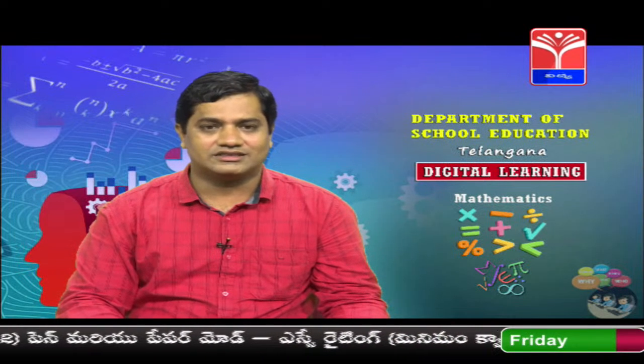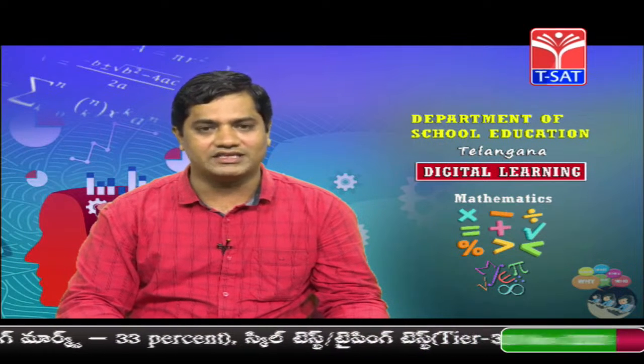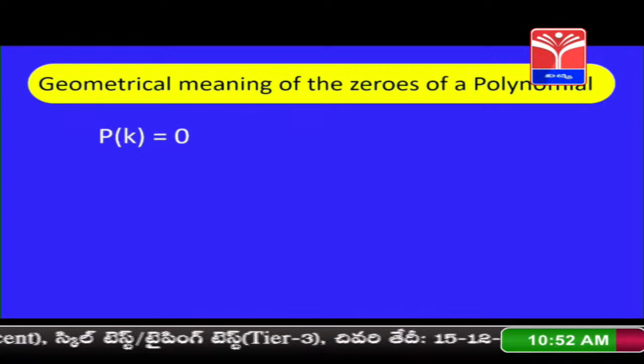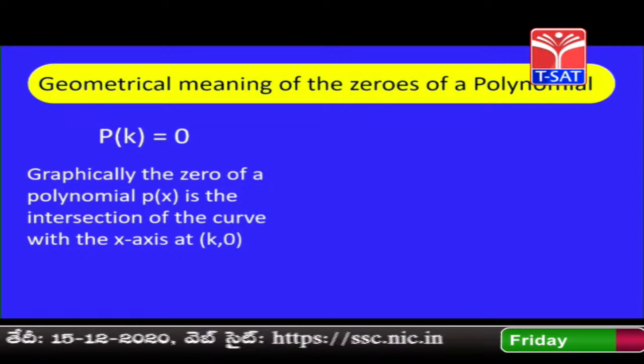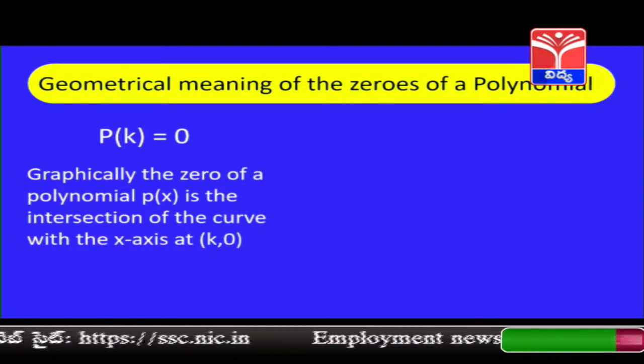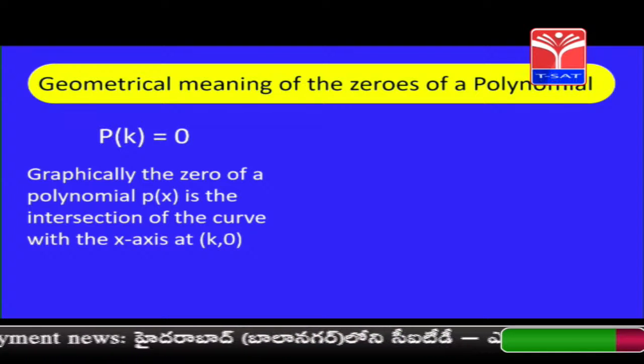Let us look at the geometrical meaning of the zeros of a polynomial. Now, we have observed if p of k is equal to 0, then geometrically, when we draw the graph of that particular polynomial, it intersects the x-axis at the point k comma 0.